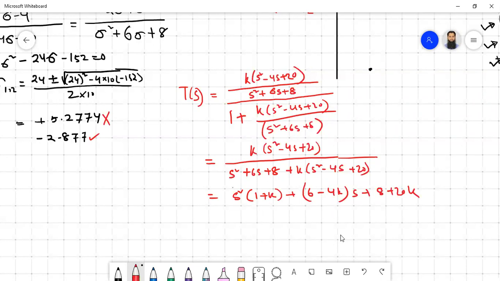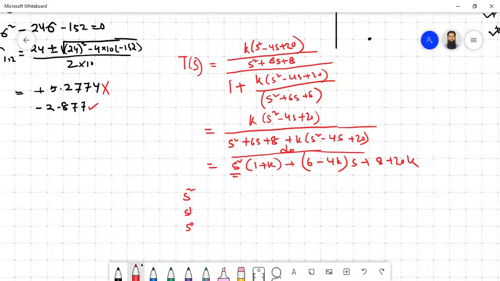Fairly simple. You are not bothered about the numerator, so I forgot to write it. This is our second order system, the simplest case: s square, s to the power 1, s to the power 0, with coefficients 1 plus K, 6 minus 4K, and 8 plus 20K.